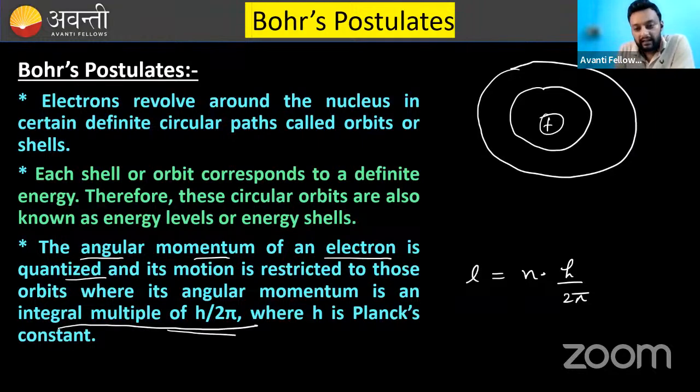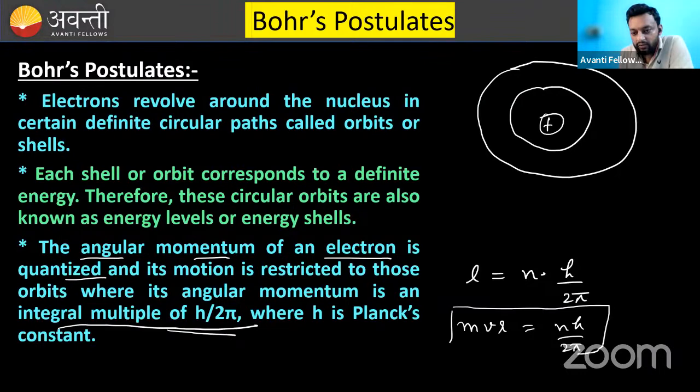That means electrons revolve only in those orbits in which the angular momentum is an integral multiple of h over 2 pi, where h is the Planck constant, n is an integer, and L is the angular momentum. So angular momentum can be written as mvr = nh/2π. This is the Bohr quantization rule. We will call it the Bohr quantization rule.